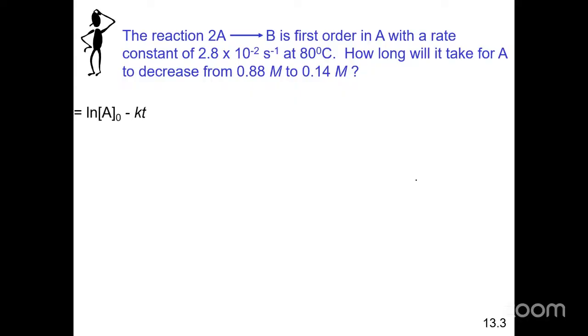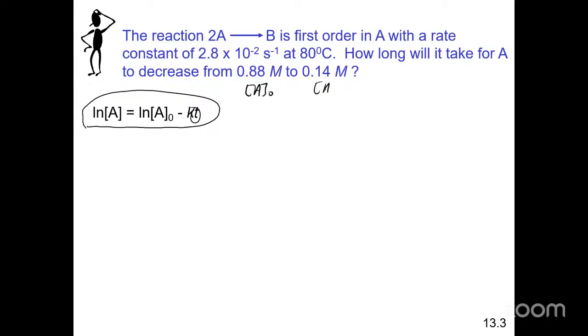So of course, the first thing that comes to mind is either one of the two forms of the equation for the first order reaction. Now, this form is the one that will be most useful because this is where you're going to isolate T, right? The question gives you the initial concentration of A, it gives you the current concentration of A, and it gives you the rate constant, so this is K, right?